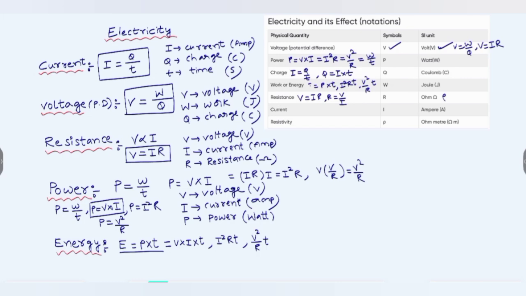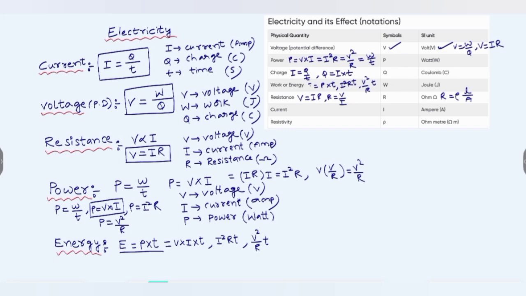When we know rho, we have another formula with length and area of cross section: R is equal to rho into L by A. This is also an important formula.